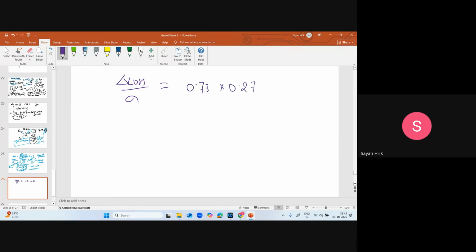Sir, will that always be the case, that the derivative of loss with respect to sigmoid is always the derivative of sigmoid only? Yes, always. That's why I told you it's a shortcut trick. I'm not going into the derivation, but it's a shortcut trick. You will get this only, always.